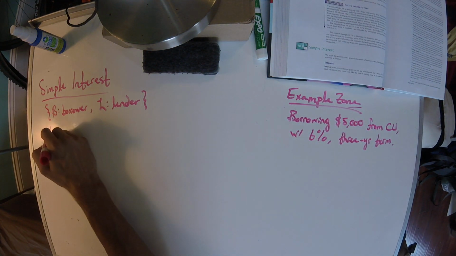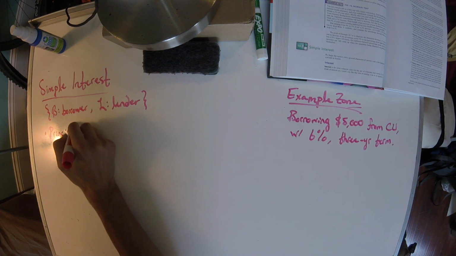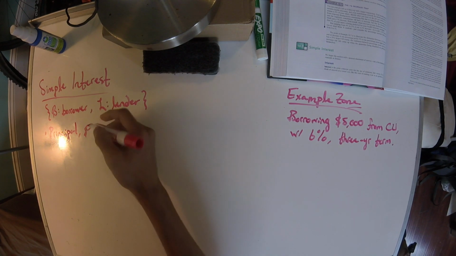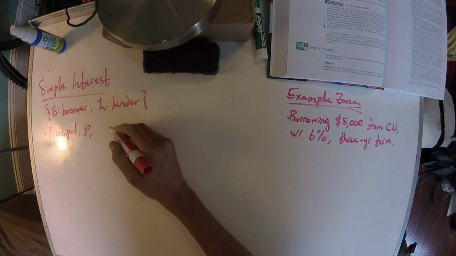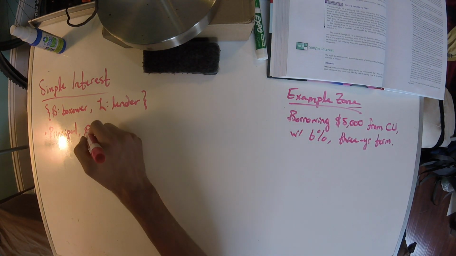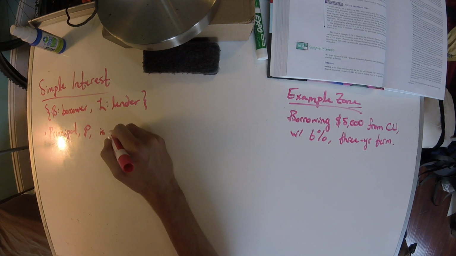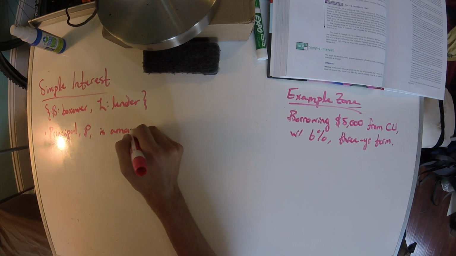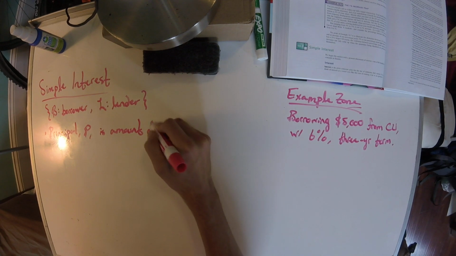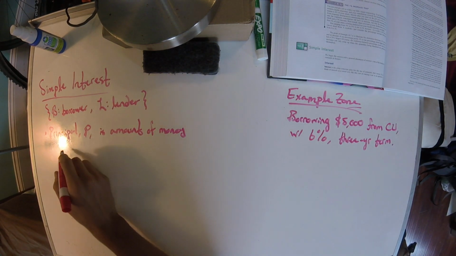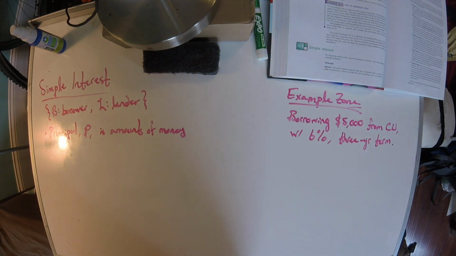The principal, which will be denoted with the letter P, is the amount of money initially borrowed. So in this case, that would be the $5,000.